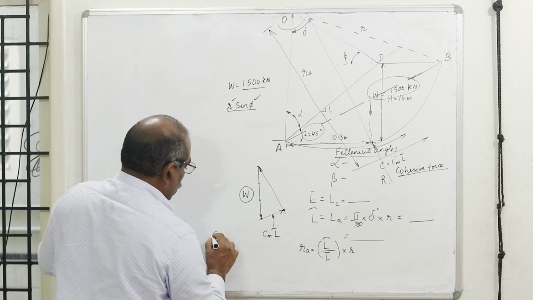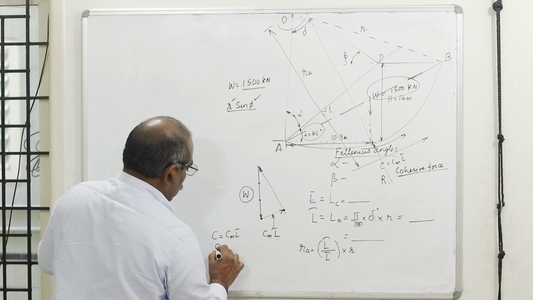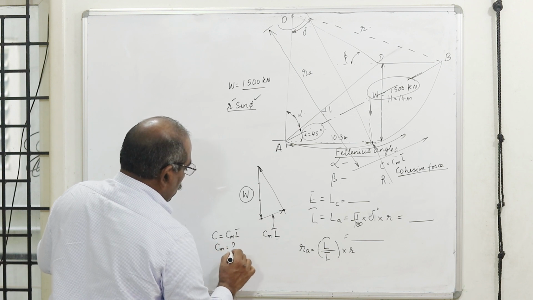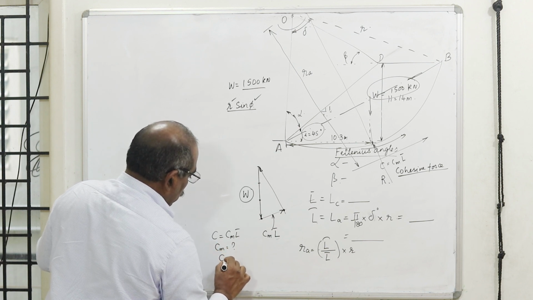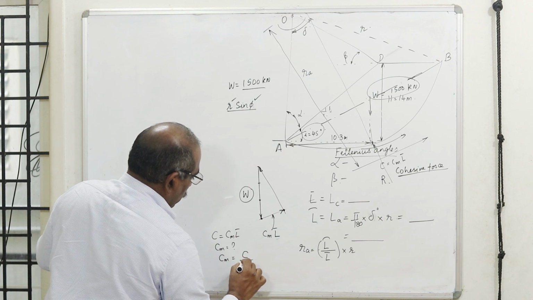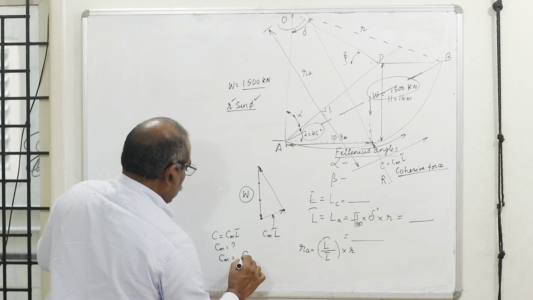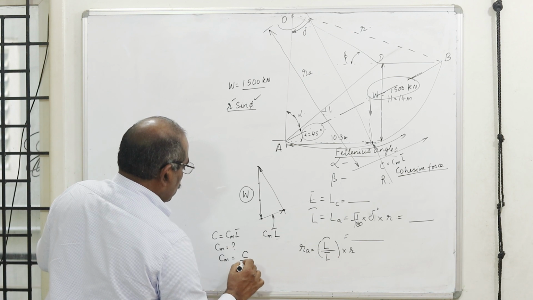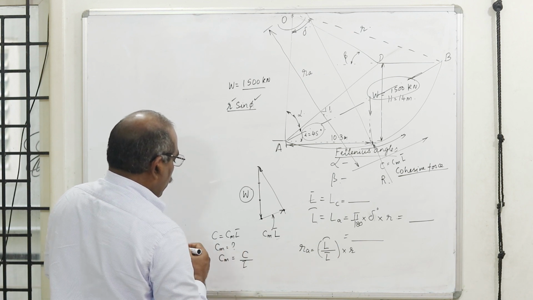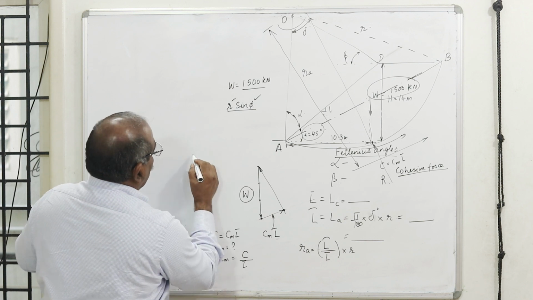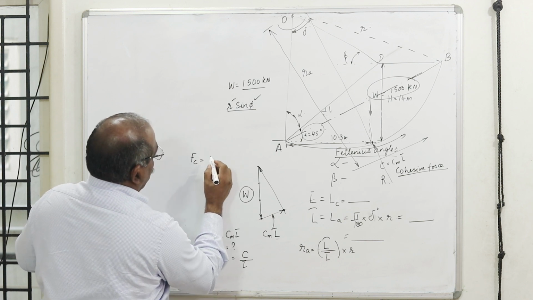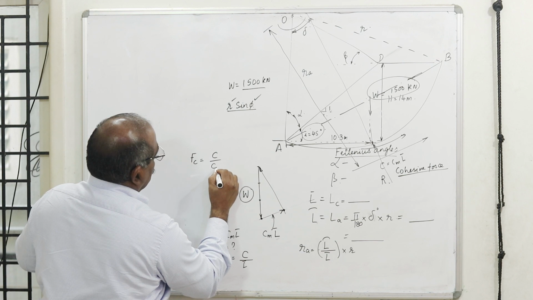Now once I get my cohesive force, this is the mobilized cohesion, therefore I can find out Cm from the cohesive force. Once I get my Cm, I can get my factor of safety with respect to cohesion, C by Cm.